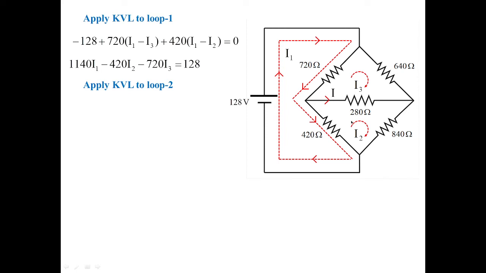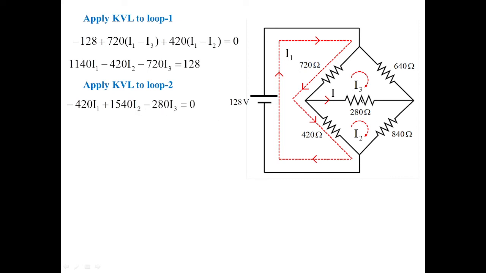Now applying KVL to loop 2. Loop 2 means this loop. You can see 420 is I2 minus I1, so I am going to write minus 420 I1 plus the sum of the resistances present in this particular loop 2, that is 420, 280, 840, which will give 1540 I2, minus 280.